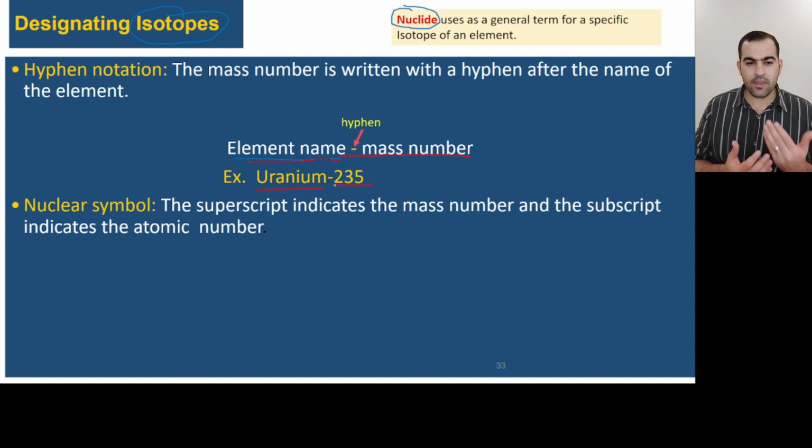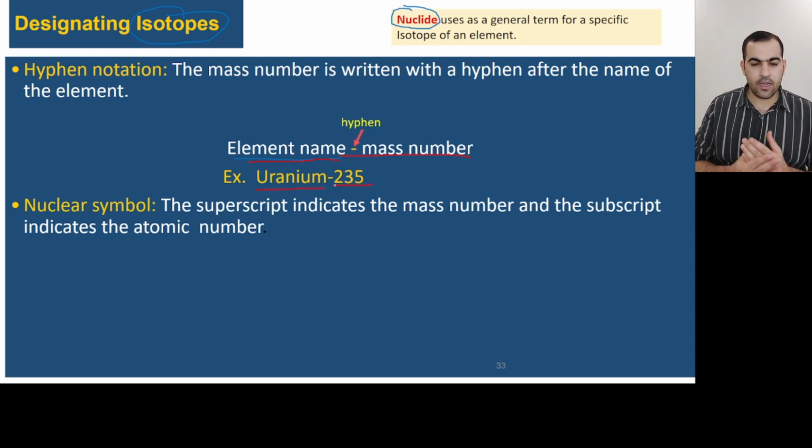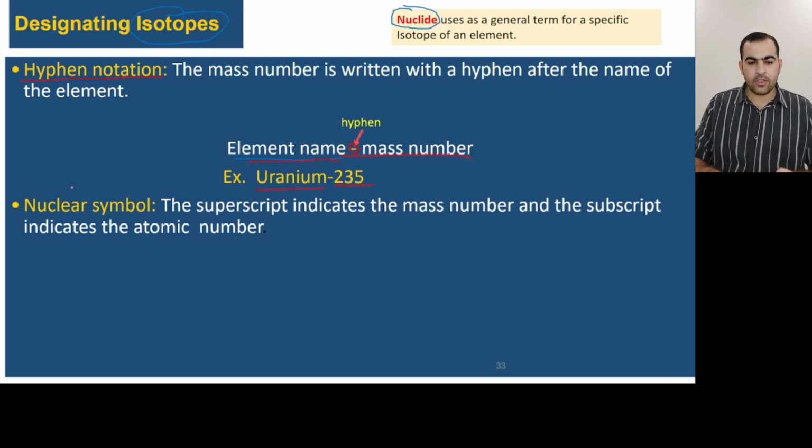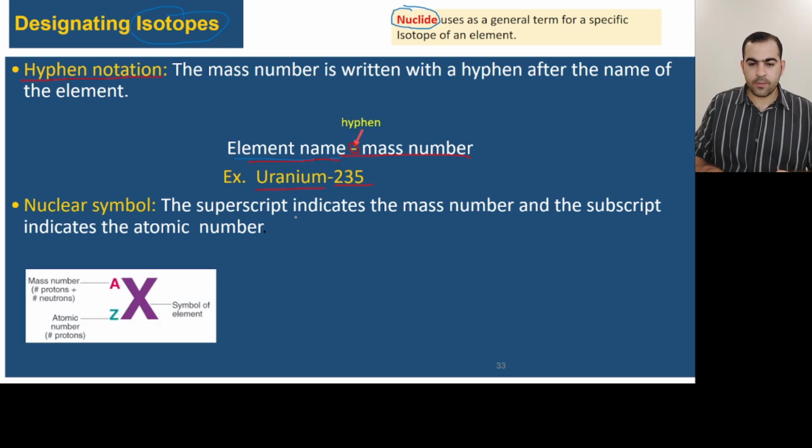Another method to designate isotopes is the nuclear symbol. Before we talk about the nuclear symbol, how can you recognize hyphen notation? If you see a hyphen, it is hyphen notation. We can recognize it by the hyphen. In the nuclear symbol, the superscript indicates the mass number, and we write it before the element symbol.